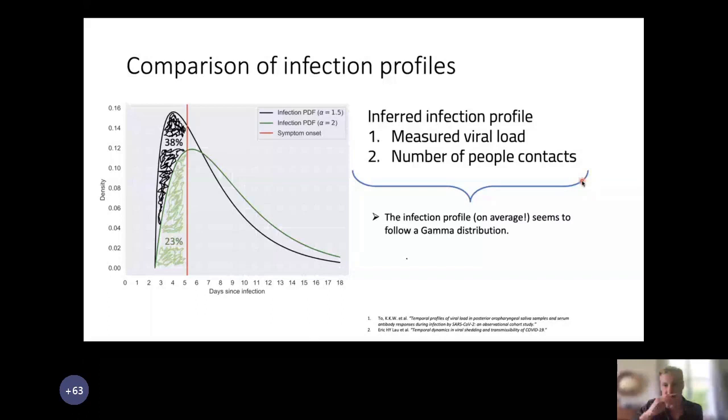Lots of work has gone into creating these distributions of the infection profile, which go into things called the serial interval, which looks at the symptom onsets of successive cases.